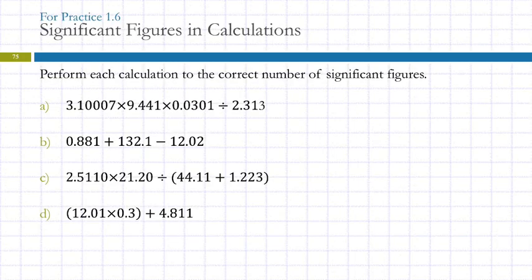So let's do some examples. Perform each calculation to the correct number of significant figures. The first thing is just do it on your calculator: 3.10007 times 9.441. Another thing I like about the TI-36X Pro is that you can see the numbers that you actually put in.